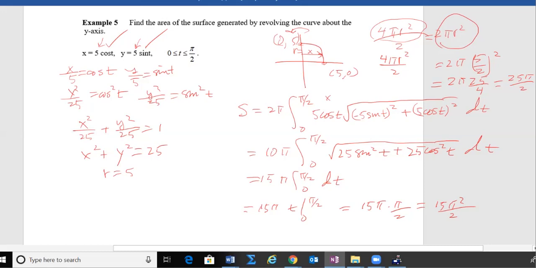Let's see what happened over here. I pulled out that 5. This is going to be a 25 here. So pull that 5 out of here, made that. Well, that's 10. That should actually be a 50. Sorry about that. So that was a 50 pi.